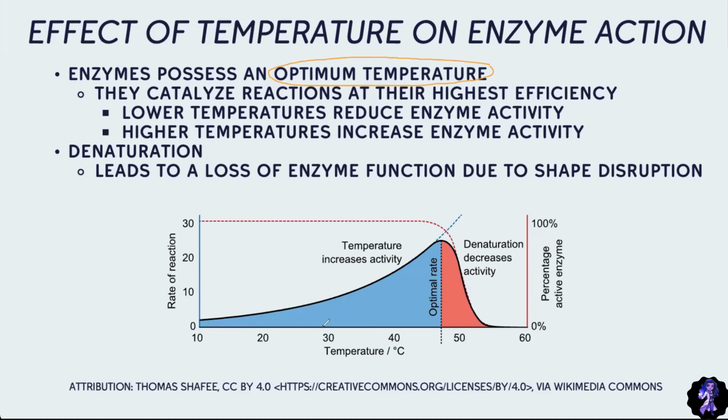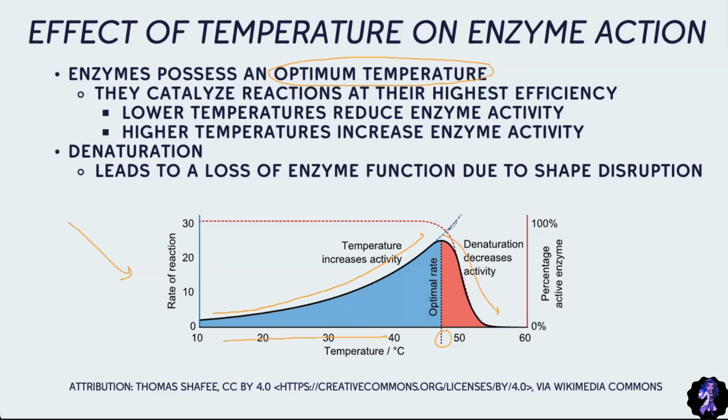So, for example, if you take a look at the picture over here and the graph, you can see that the reaction rate tends to go up as the temperature increases. However, when it reaches around 47 degrees here, you can see that the reaction rate plummets.